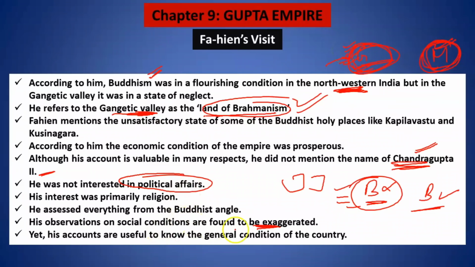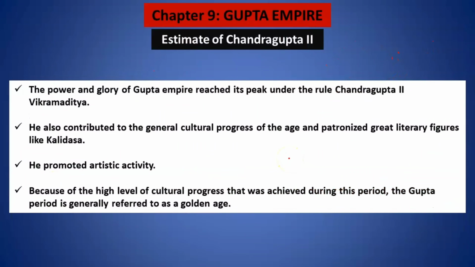All right. Now, let's try to look at the things from a different perspective. Now Chandragupta II, as I have already told you, was also known by the name Vikramaditya. He also was very, very important in promoting culture, art, architecture. Why? Various great literary figures such as Kalidas were present in his court.